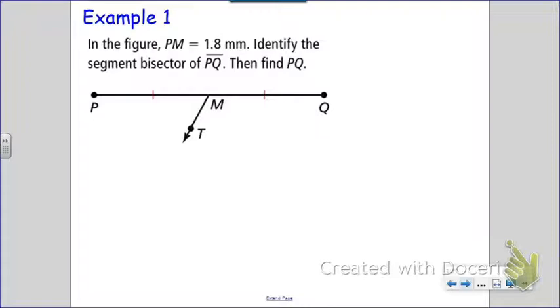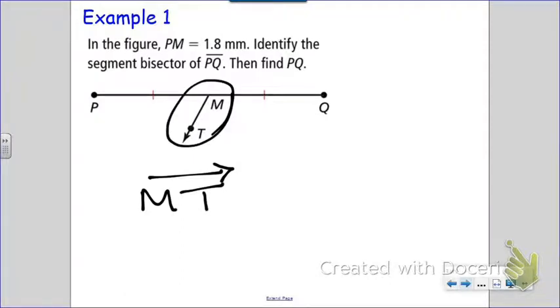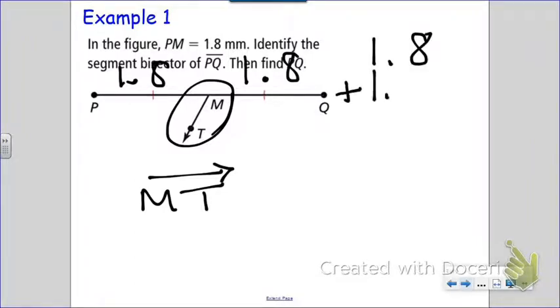The segment bisector would be ray MT, and the length from P to Q, if P to M is 1.8, then the length from M to Q is 1.8. If we add them together, 1.8 plus 1.8 is 3.6 millimeters.